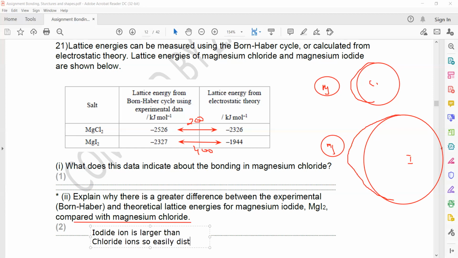You can say easily distorted, or you can use the word polarized. The distortion of the ion depends on the size of the positive ion, which should be small; the charge of the positive ion, which should be big; and the size of the negative ion, which should also be larger.